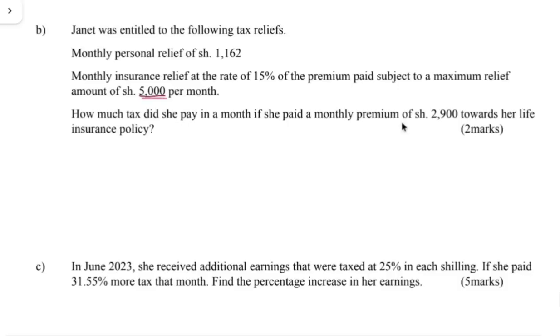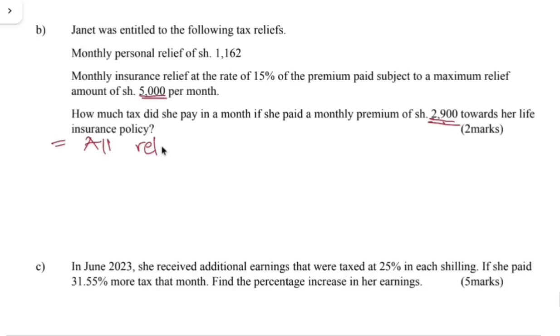If she paid a monthly premium of 2,900, so hapa tayari iko ya fall under hii, so you can apply the rate of 15% kwa hapa. Ingekuwa above ingekuwa shida sasa. So your monthly reliefs, kuna hii, so let's calculate for all reliefs first.